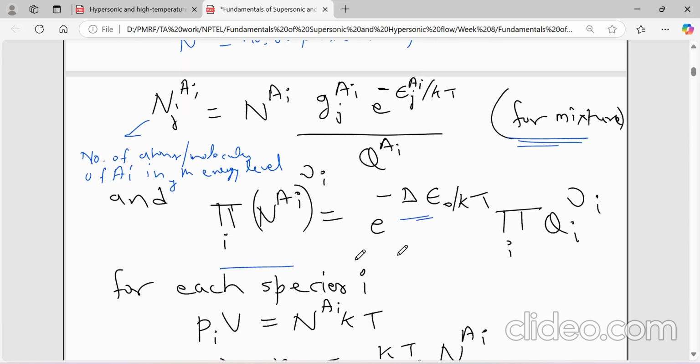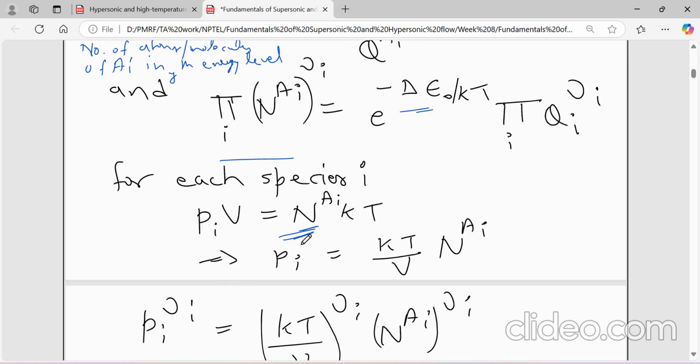So now we will see from the perfect gas relation, Pi V for each species i, Pi V equal to NAi kT, where NAi is the number of particles of species Ai. So we can write Pi equal to kT upon V into NAi.